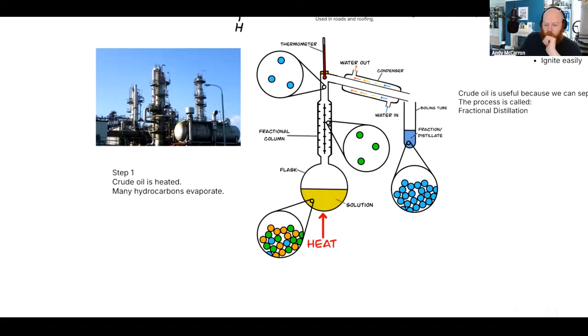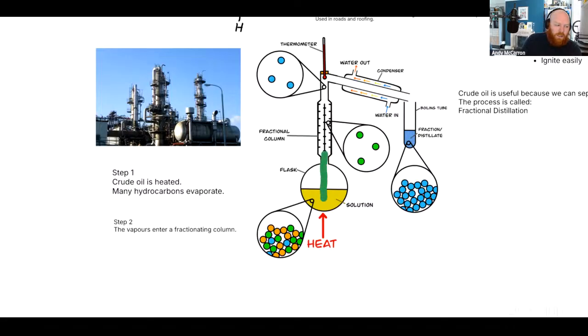So step two is the vapor enters a fractional column. Now, you can see here, this is our fractional column. We've got the gases all down here, we've got our mixture, as we can see here on the image, and then it starts to break away and come up here.